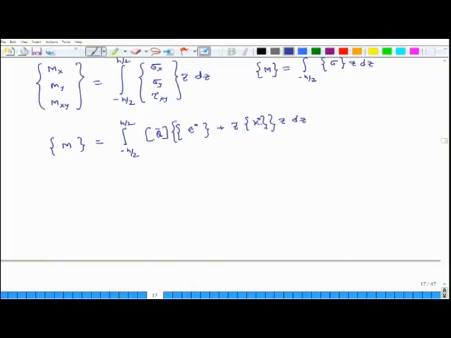So, for a laminate with n layers, this becomes a summation from k equals 1 to n.